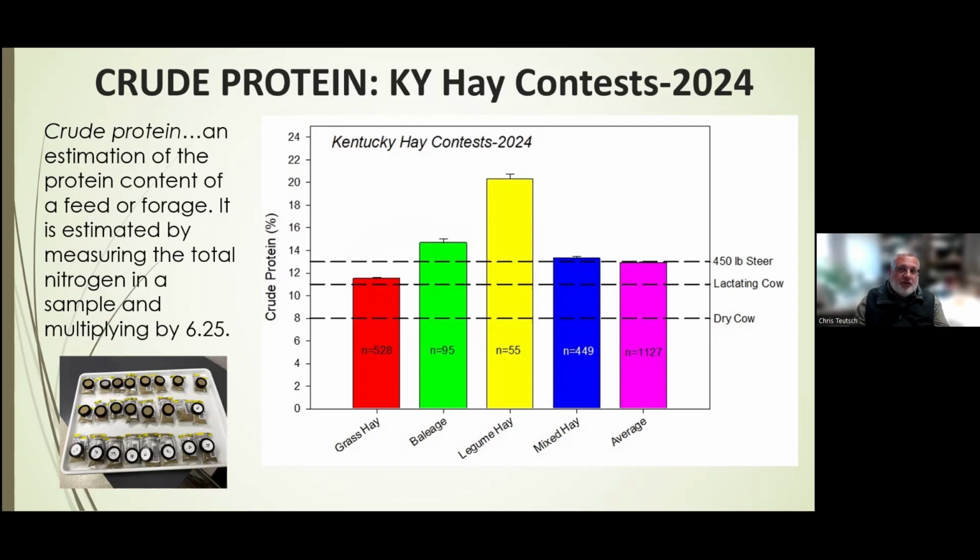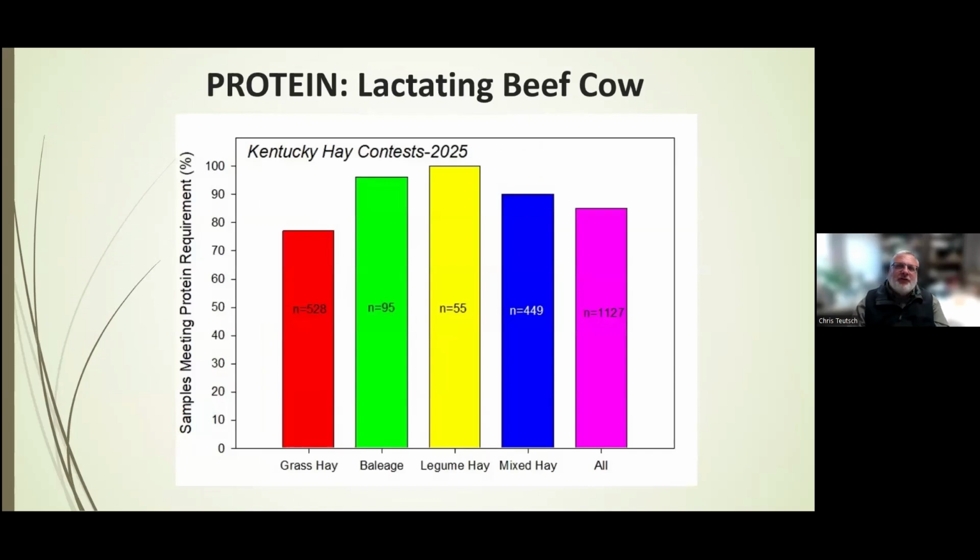But on average, our crude protein was pretty good. And that's normally what we find in grassland ecosystems. So when we look at forage and hay, usually crude protein is pretty sufficient. Sometimes we'll get samples with low crude protein, but generally speaking, it's pretty sufficient. And that's kind of what this graph shows.